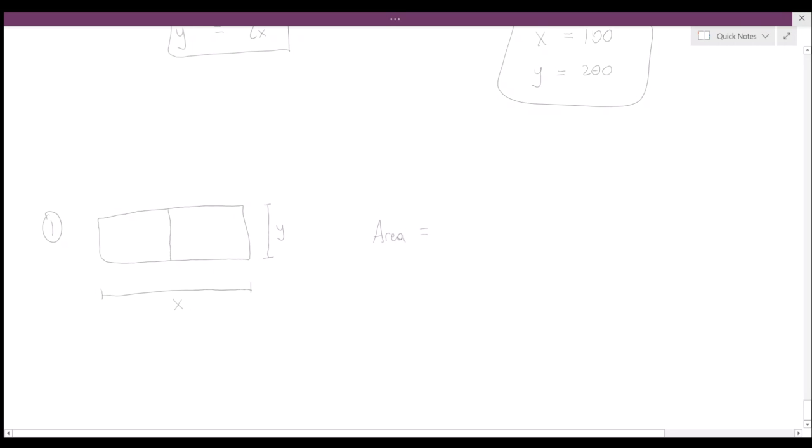So in this case, then area would simply be x times y. And since we're trying to maximize the area of this fence, remember that what you're trying to maximize or minimize, that represents the function f. Okay. So we're going to be using f of xy equals xy because of that.